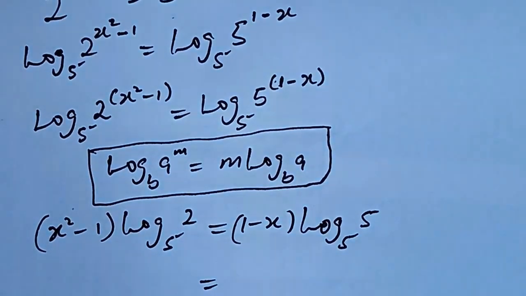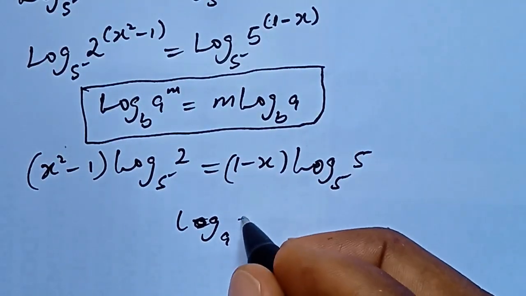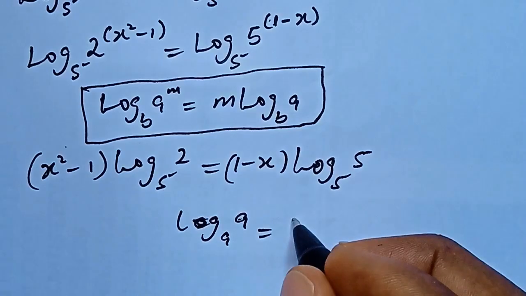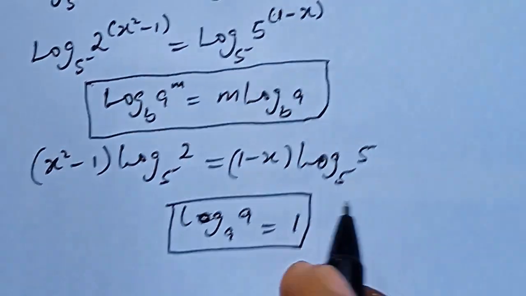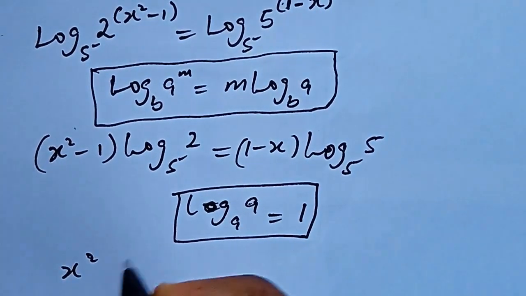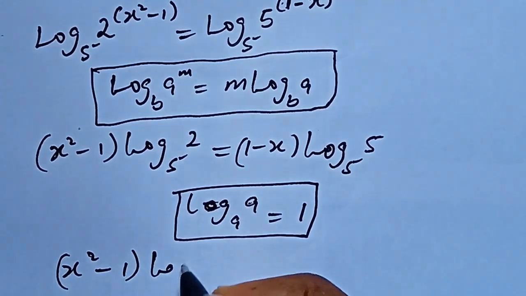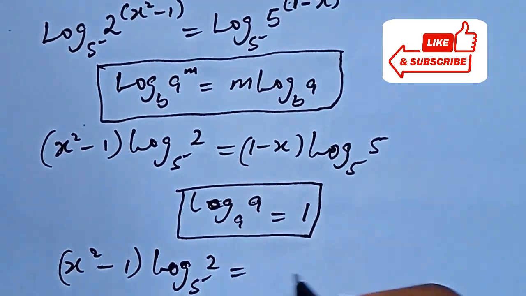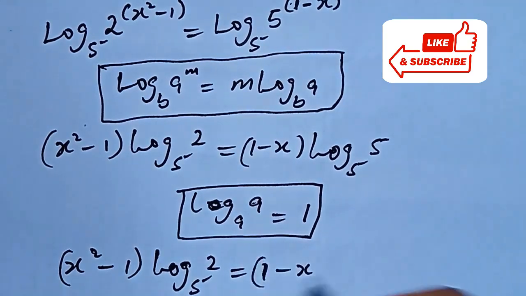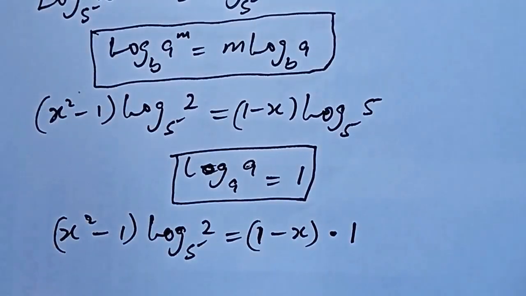So if we have log of base a of a, it will give us 1. Okay, then we apply this over here, and that becomes x raised to power 2 minus 1 log base 5 of 2 equals x 1 minus x, then multiply by 1.